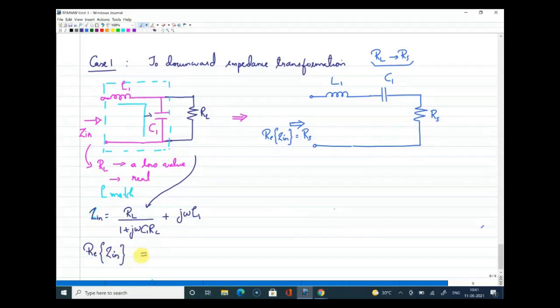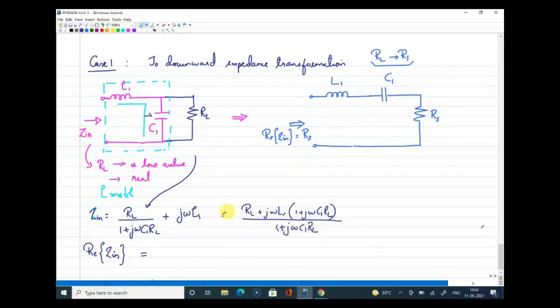So if I write the real part of the impedance by just taking the LCM for the above equation, I can write it in this form: RL plus J omega L1 into 1 plus J omega C1 RL, divided by 1 plus J omega C1 RL. This is the expression I have.